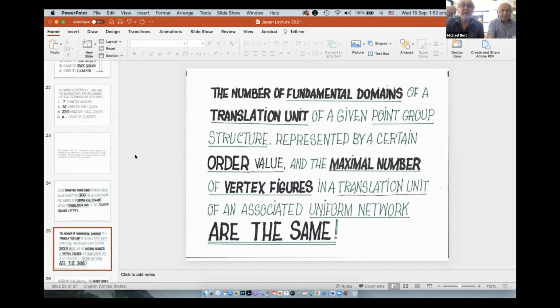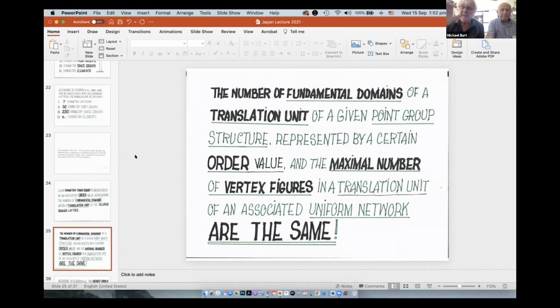The number of fundamental domains of a translation unit of a given point group structure, represented by a certain order value, and the maximum number of vertex figures in a translation unit of an associated uniform network are the same.